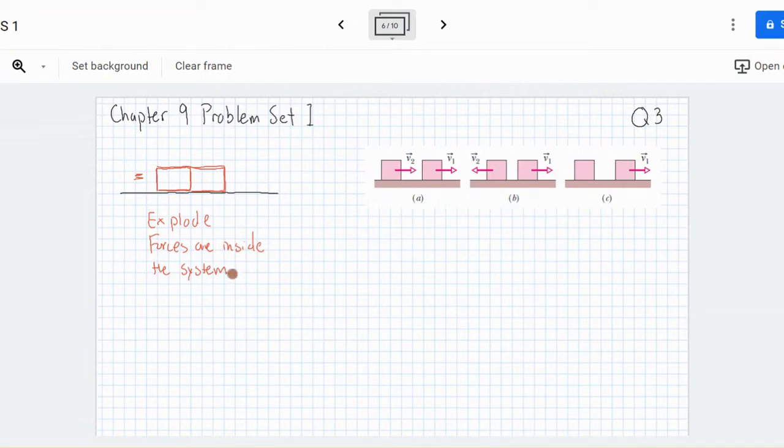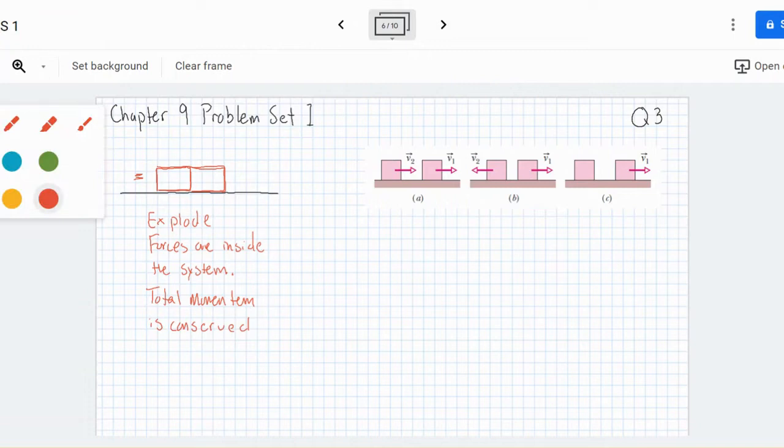And if all the forces are inside the system, total momentum is conserved. So in this case, what we're going to notice is that the total momentum must be a vector that looks like that.